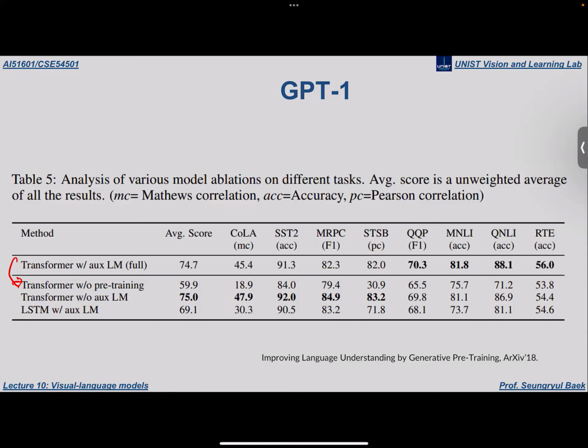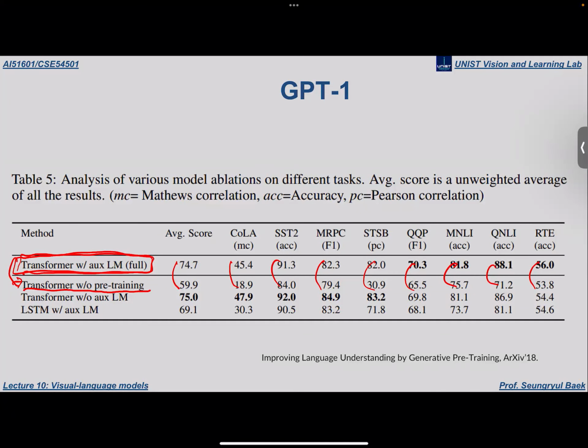So this is the full architecture they have, the GPT-1. It performs at full performance. But if they omit the pre-training, then the performance gap is significant. So they are saying pre-training on unlabeled data can raise the performance.